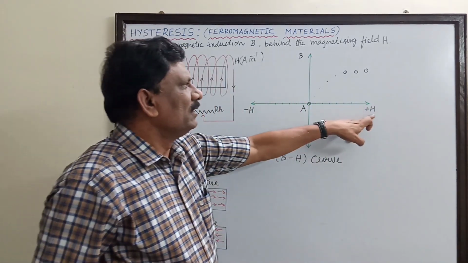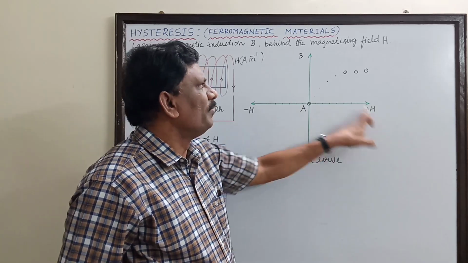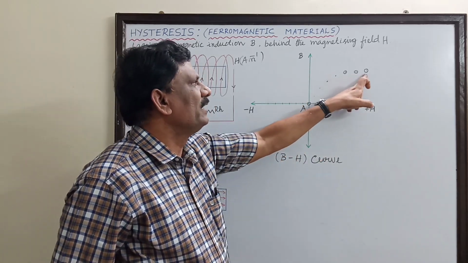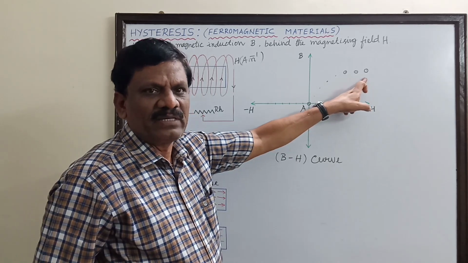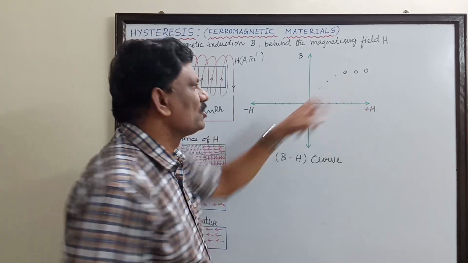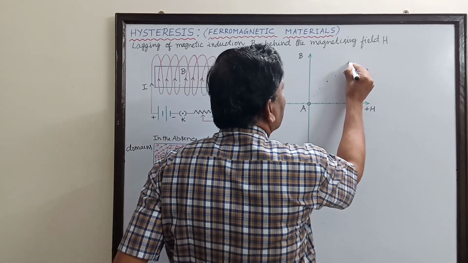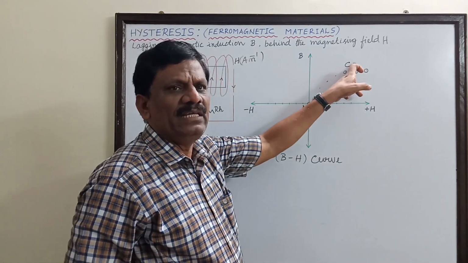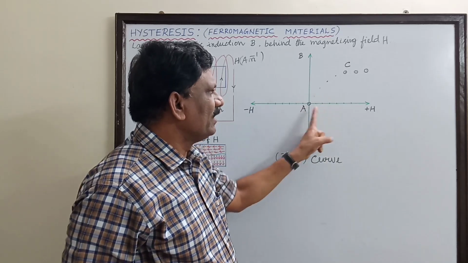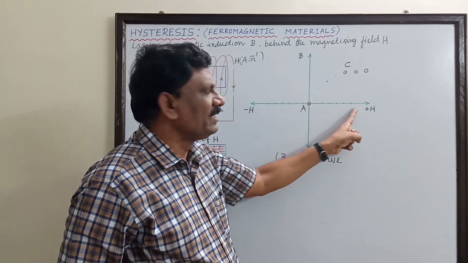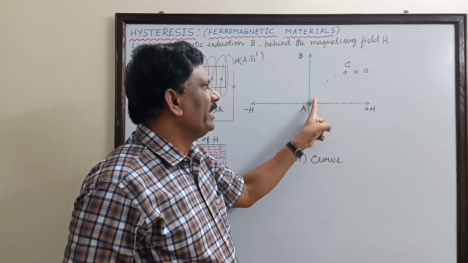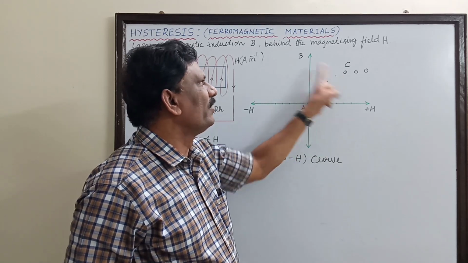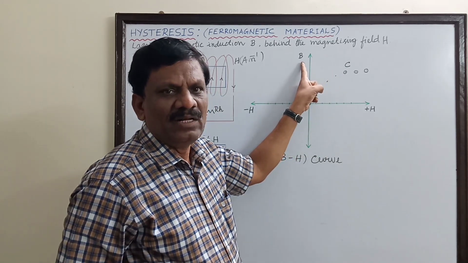H is increased, but the magnetic induction attained saturation here. So this point I can take as C. From A up to C, as the value of H is increased in the positive direction, the value of B also has increased in the positive direction.